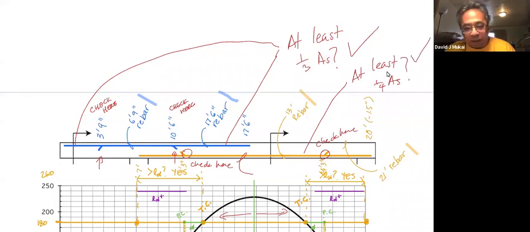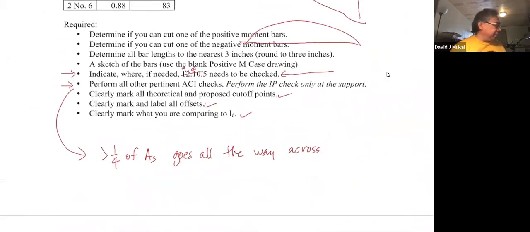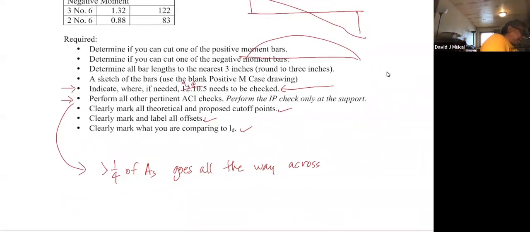Okay, so those are the 2 easy checks. Did I not cut at least 1/3 of the negative steel? And did I not cut at least 1/4 of the positive steel? So really the only thing left is this thing here.